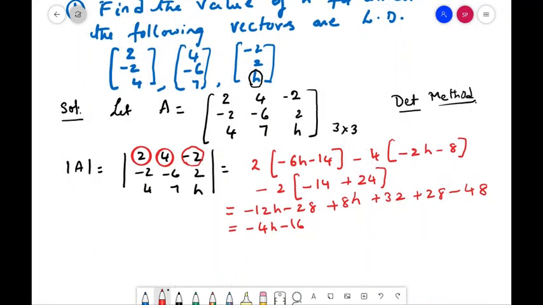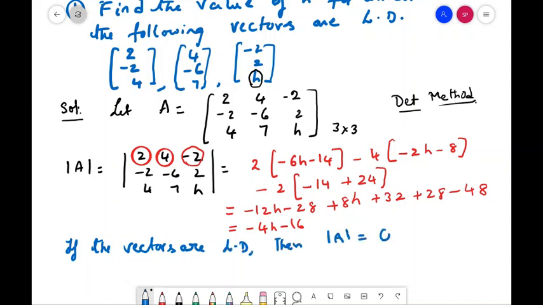Now what is given? These vectors are to be linearly dependent. So if the vectors are LD, then det A is equal to 0. That implies minus 4h minus 16 is equal to 0, which implies h is equal to minus 4.